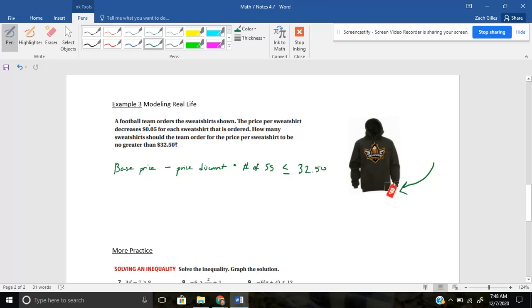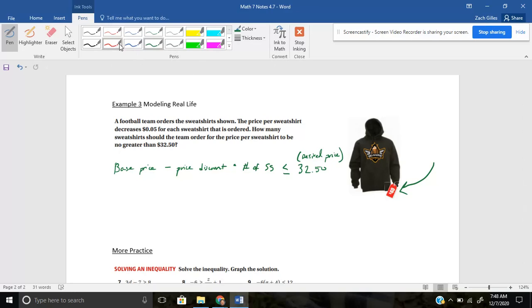I guess you could call it a desired price. Because you don't want to pay more than this, right? People don't want to pay more than $32.50.